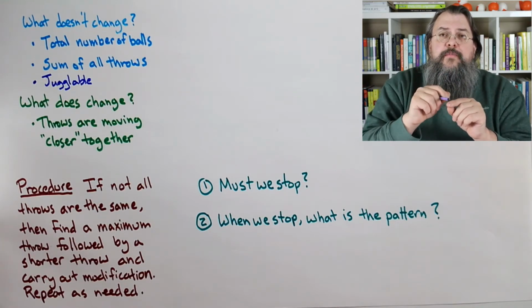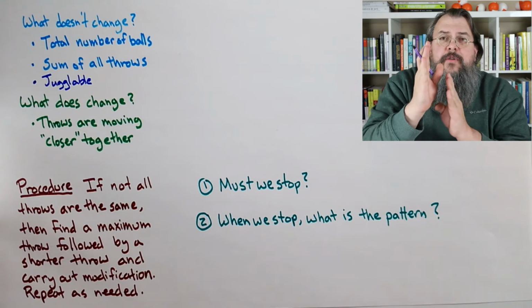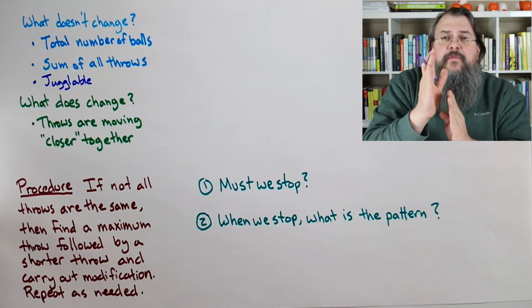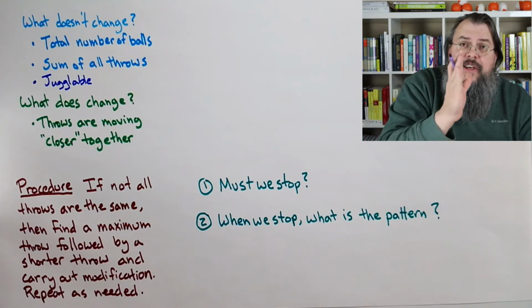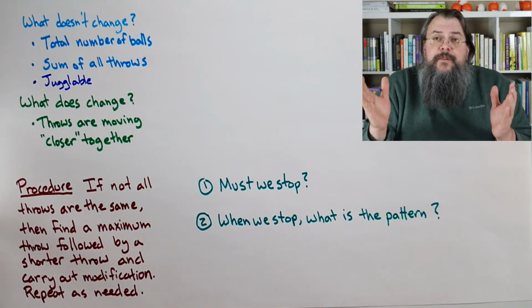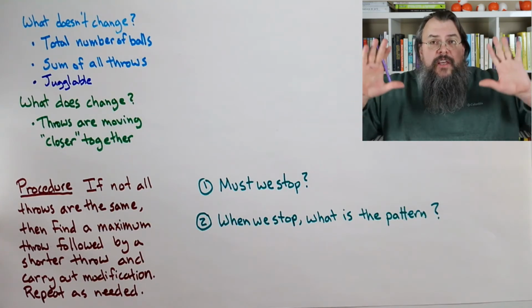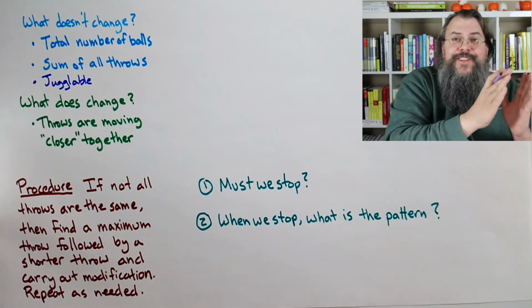It's a smaller number. Now, it might be the case that all the throws are the same, in which case you can't find such a thing. So if you can't find anything, stop, but life is good. All the throws are the same.